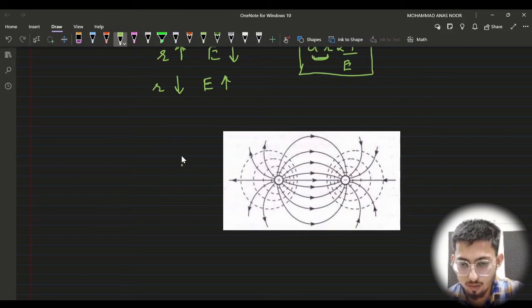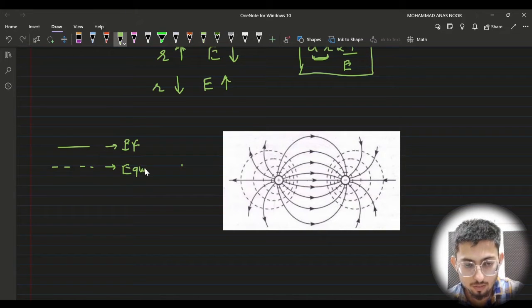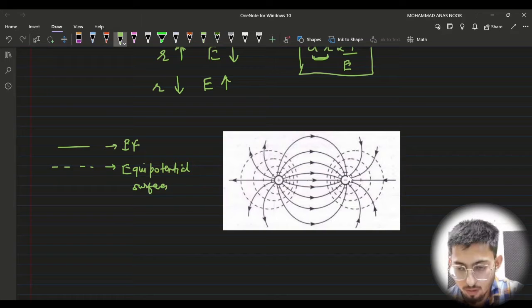So these whole lines represent electric field. This dashed line represents equipotential surface. And you can see there are two charges, one positive, other negative. The electric field is going from positive to negative like this.